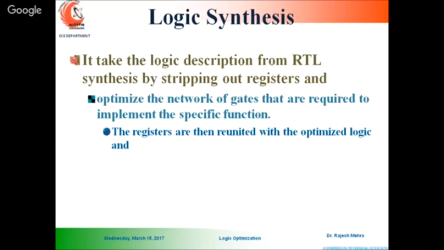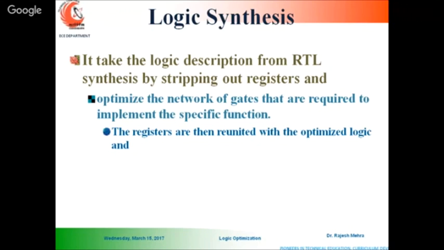Logic synthesis basically starts with what? Now what is in your hand? It takes the logic description from your RTL synthesis. RTL synthesis is nothing but your HLS, whatever you have performed. Now it takes the RTL synthesis by stripping out the registers. Whatever registers you allocated there, now you are again removing the registers. You are using just different gates and other logic.